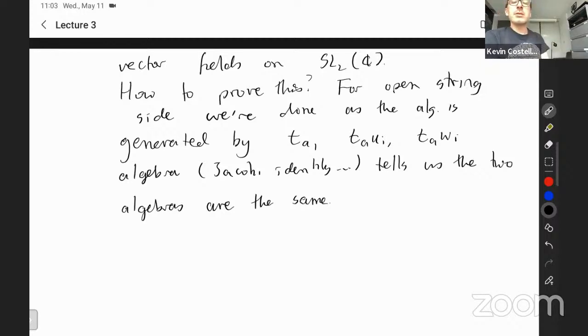Well, what about the closed string side? That's going to be much more challenging. Well, on the CFT, it's more challenging to do the CFT computations. We're going to use the following trick.